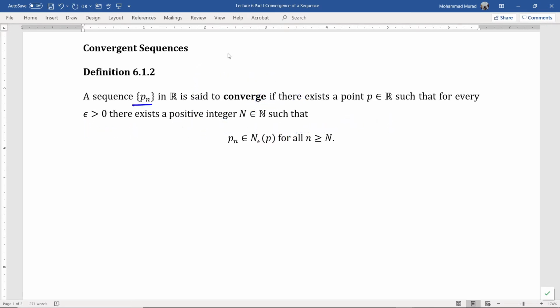A sequence in R is said to converge if there exists a point P in the set of real numbers such that for every epsilon, a positive real number, there exists a positive integer N such that p sub n belongs to the epsilon neighborhood of the point P for all index n larger or equal to N. Here, p sub n denotes the nth term of the sequence.